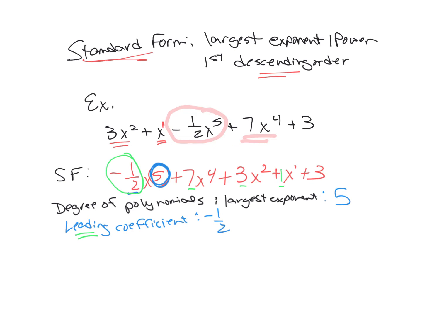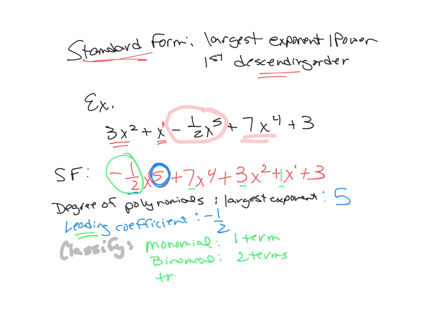Then the last thing that we're going to talk about with the vocab words is to classify. To classify, we have the option of a monomial, which is one term. We have a binomial, which is 2 terms.